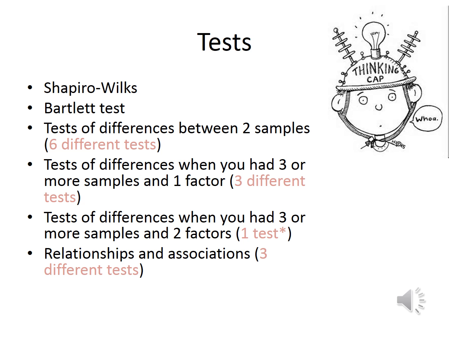Towards the end of the course, we began to test relationships via correlation, regression, and chi-squared. Again, each of these has their own null hypotheses of there being no relationship or no association. The alternative is that there is a relationship or some kind of association.